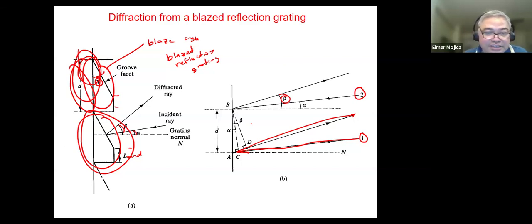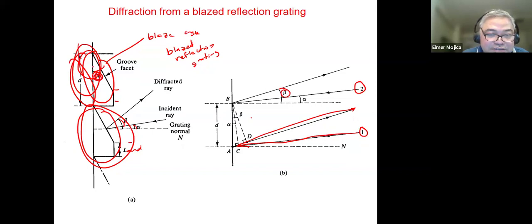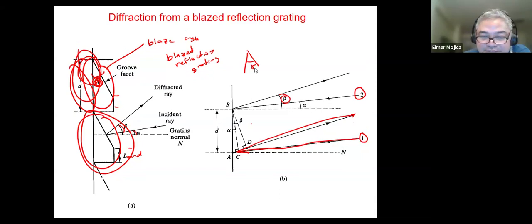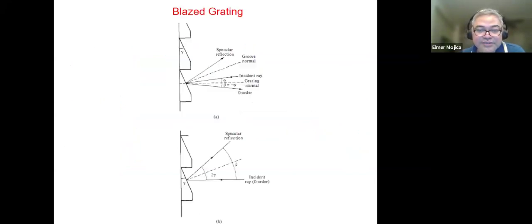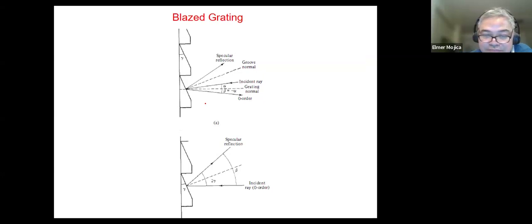The blaze angle there is this one, the one that forms the gamma. In a blaze grating, you can tilt the groove facet at an angle gamma, as seen here. So that's a particular angle.